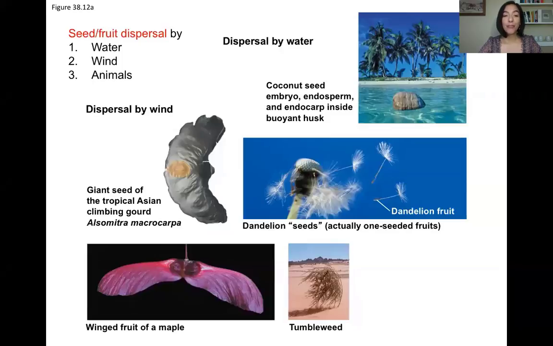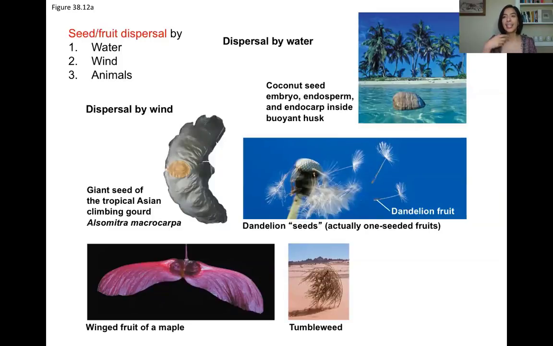The fruits also can be dispersed by wind or by water. So now think about these examples. We have dispersal by water in the case of the coconuts. Remember when I was explaining that the coconut has an endosperm, the white part of the coconut that we eat, and also when it's young we can drink the coconut water.